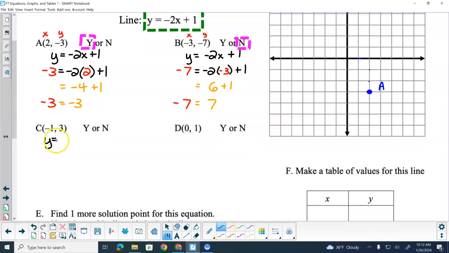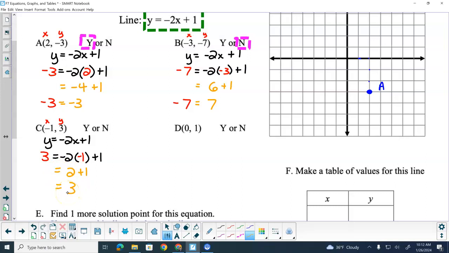Y equals negative 2x plus 1. Negative 2 times negative 1. 2. 2 plus 1. 3.